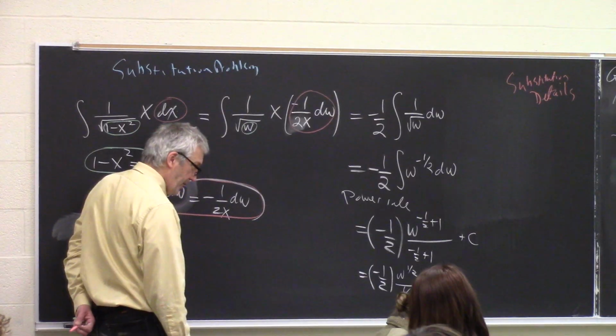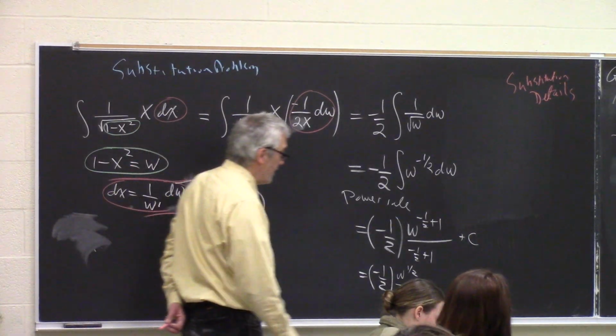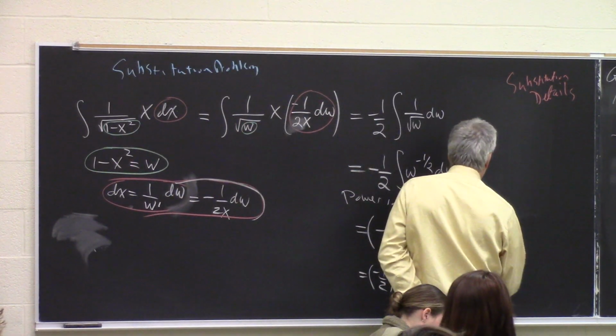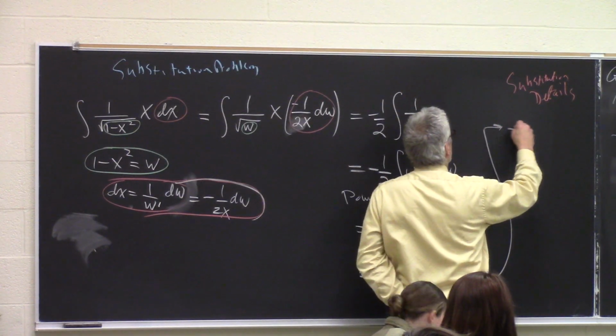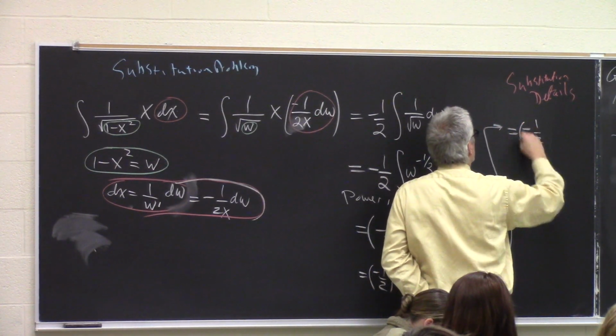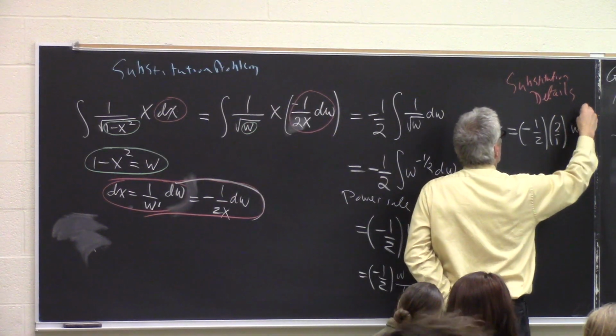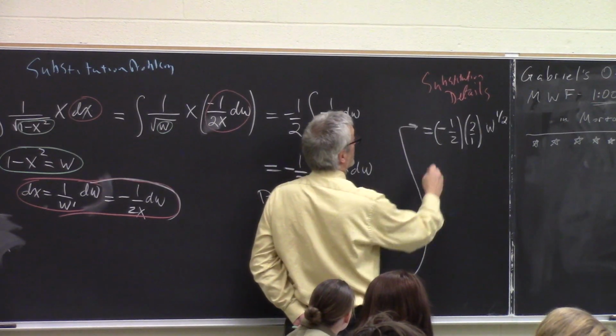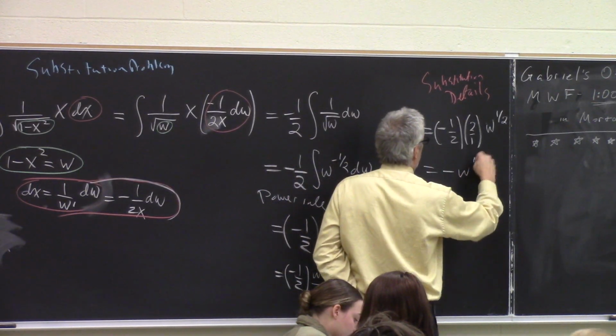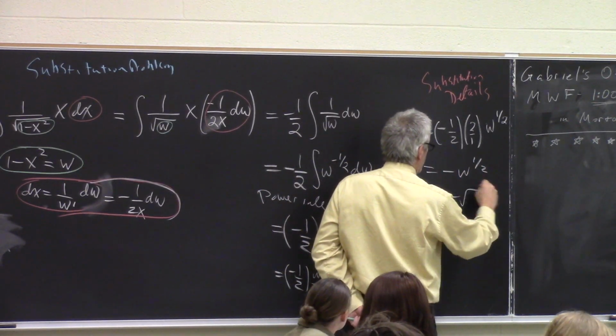Okay, well, dividing by 1/2 is the same as multiplying by 2. Those 2's get together and have a party. They cancel each other out. So I end up with minus w to the 1/2. So in other words, minus square root of w.